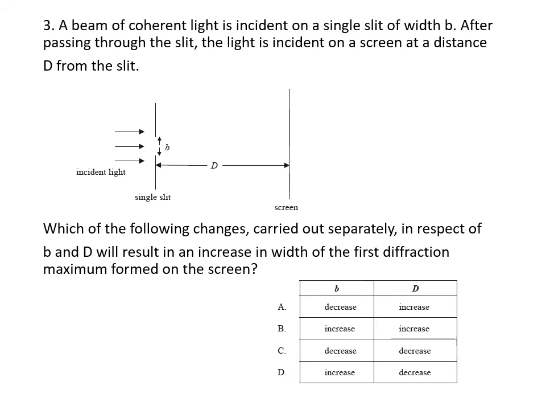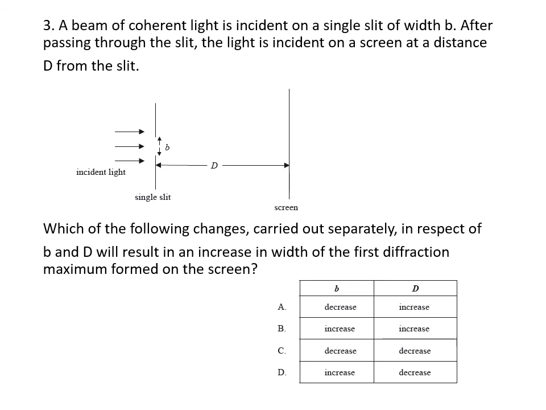If you're standing really close to the wall, you know that the flashlight is concentrated in a smaller point. But if you stand back from the wall, the pattern of the flashlight against the wall gets larger. So increasing the distance from the slit to the screen increases the separation between the central maximum and the first minimum. It kind of spreads that pattern out.